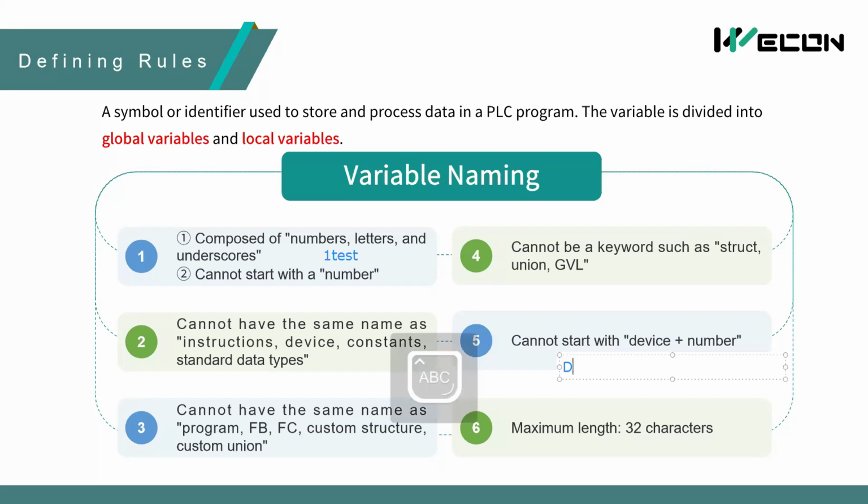It means if your variable name is like this, it's also not okay because it starts with a device and number. Last, there is a limit on the length: it's up to 32 characters. So these are mainly the rules about the variables we create in 6V series PLC.